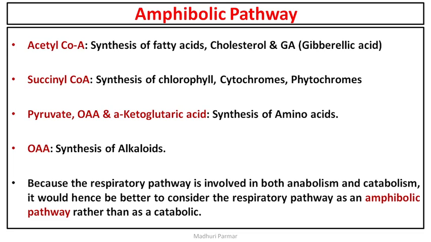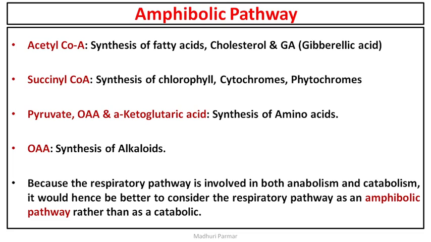So the pathway that we studied first, the one with fats, carbohydrates, and proteins, which I discussed at length, is known as an amphibolic pathway, rather than just calling it a catabolic pathway. Amphibolic meaning it is doing both. There can be anabolism when required and catabolism as and when required.